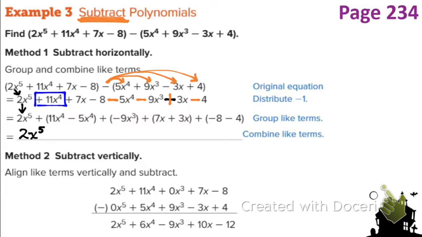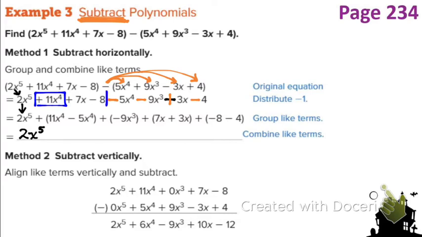Where's the like term that I can combine it with? No. I'm staying in the same line. Remember, we're doing it horizontally. So look further to the right and see if you see anything else that would be a like term. Same letter, same exponent.